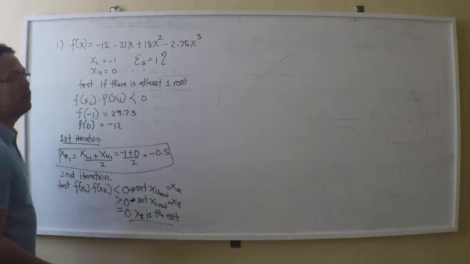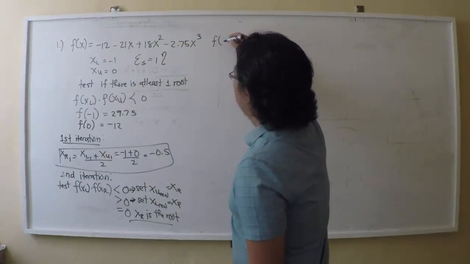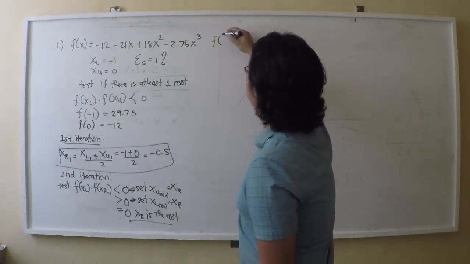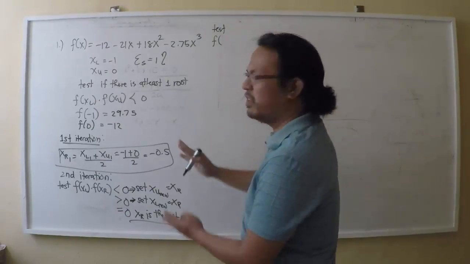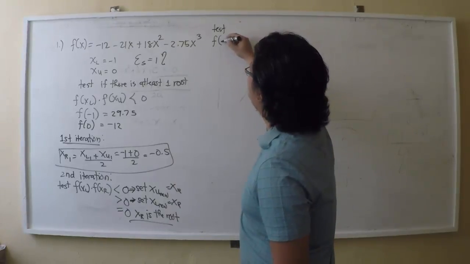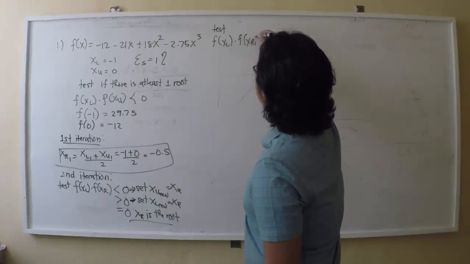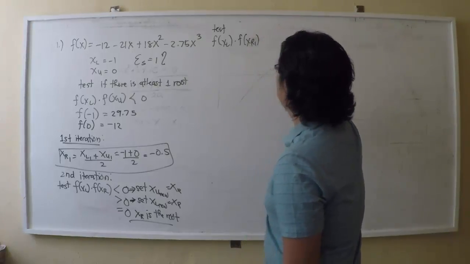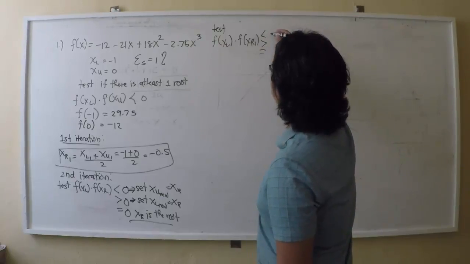This is the test. F of XL in this case is f of negative 1 times f of negative 0.5. Is this less than, greater than, or equal to 0?